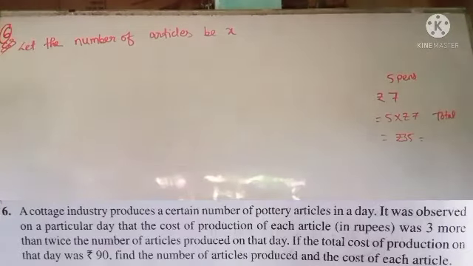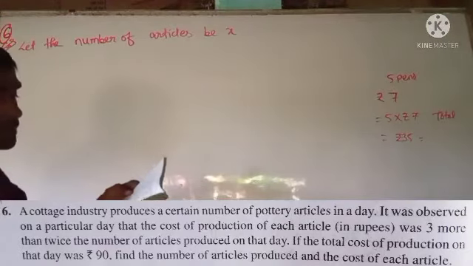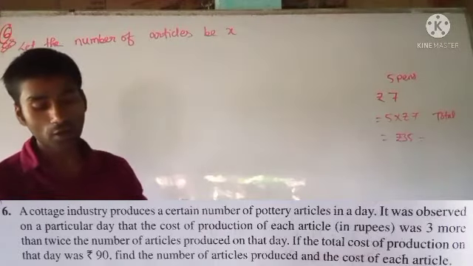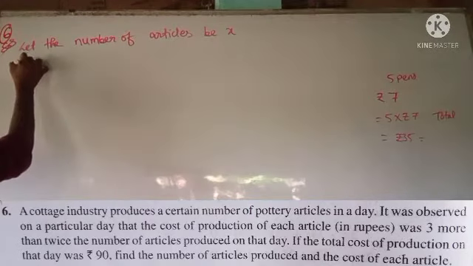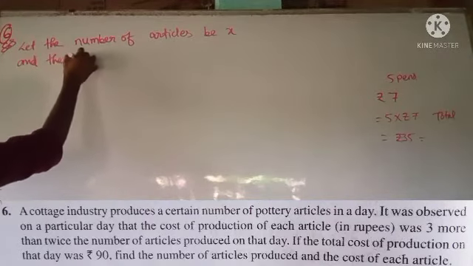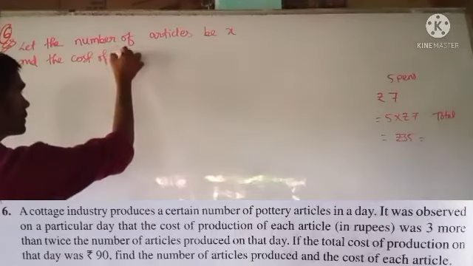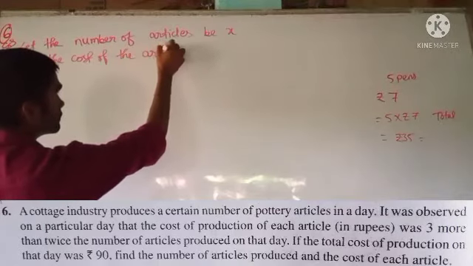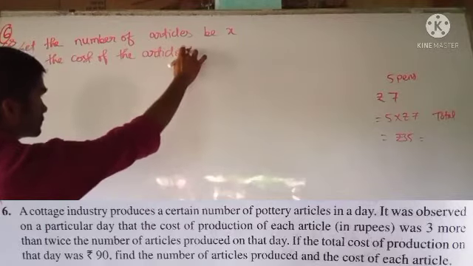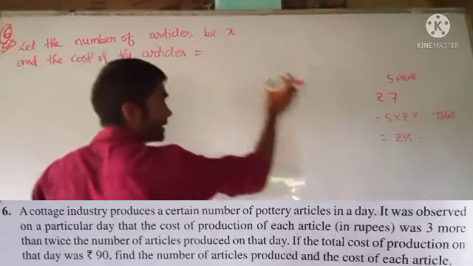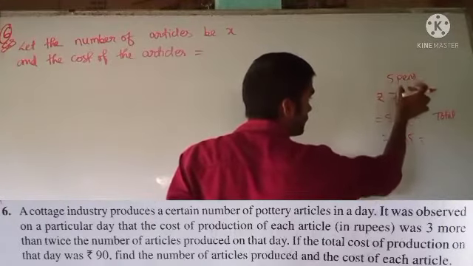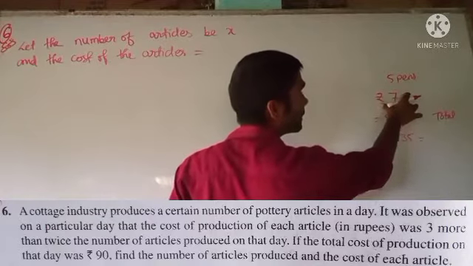Now it is said that it was observed that on a particular day the cost of production of each article in rupees was 3 more than twice the number of articles produced on that day. That means the cost of the article is equal to... if 5 pens are there, then we multiply 5 with the cost of 1 pen.